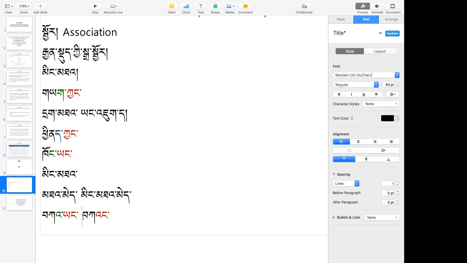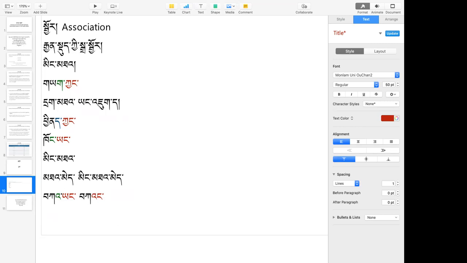Similarly, in some cases, you might have been using yang many times, so it's better to use hang. In some cases, you may have been using hang many times, so you can use yang. And this also applies to words which do not have any suffix letter, like sa: sang, or sayang, or sang.